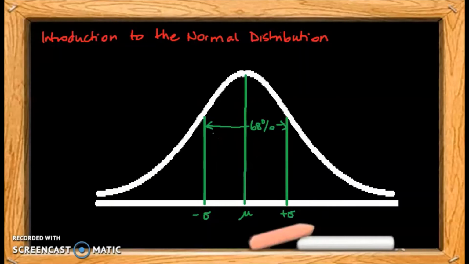So if we have a system where our results are very spread out, then we would expect to have a large standard deviation, but still approximately 68% of our data will fall within one standard deviation of the mean.